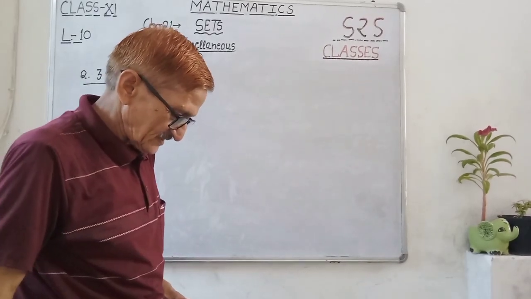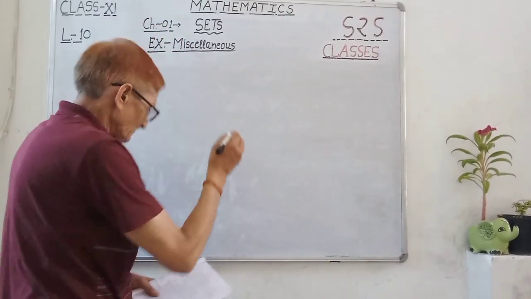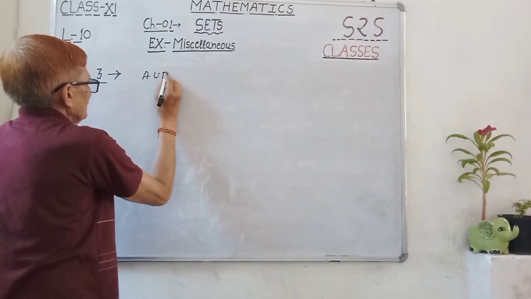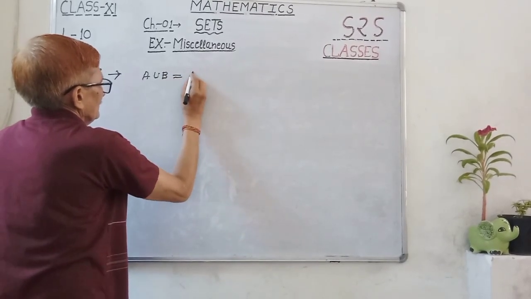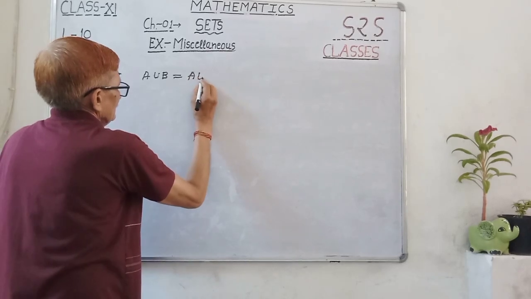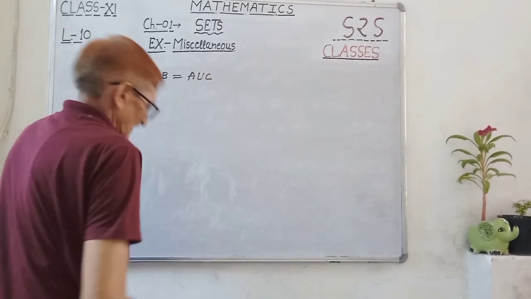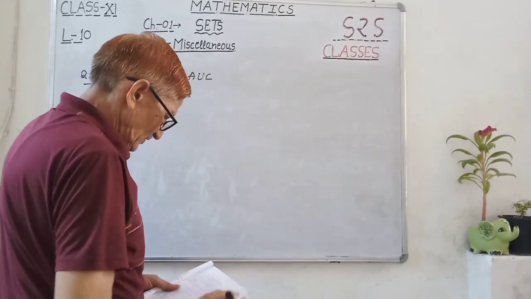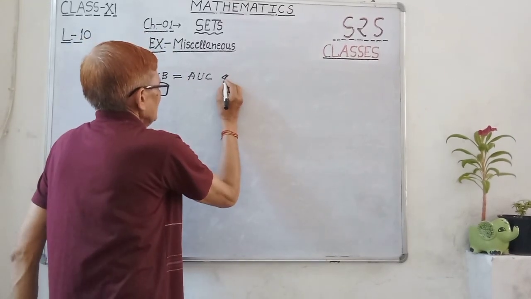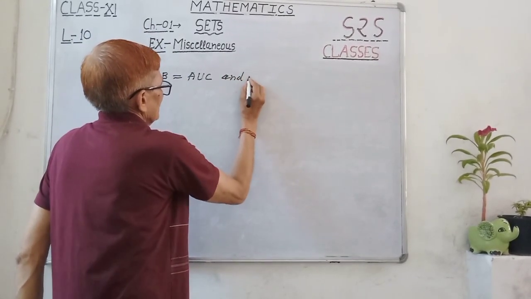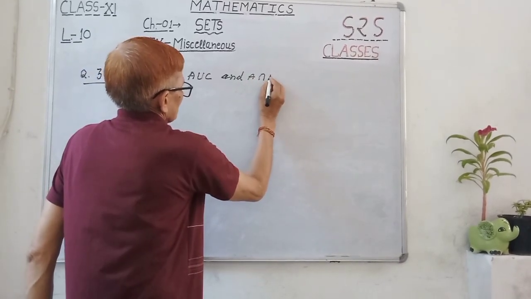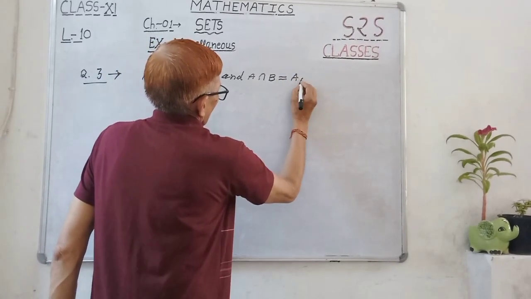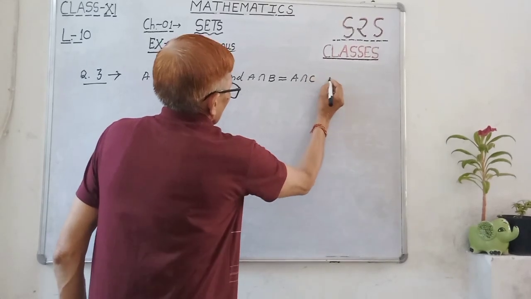Let A, B, C be the sets such that A union B is equal to A union C, and A intersection B is equal to A intersection C. These are the given things.